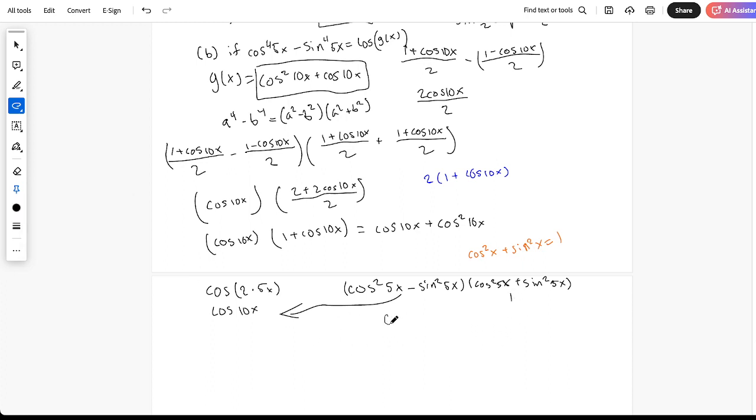So the whole thing is cosine 10x times 1, not plus. So it's literally just that. Like, that's the answer. But that doesn't answer my question.